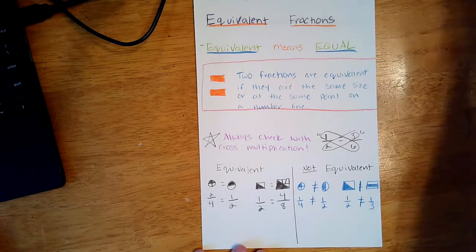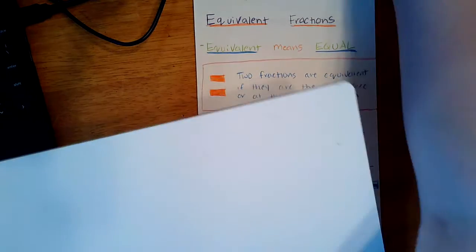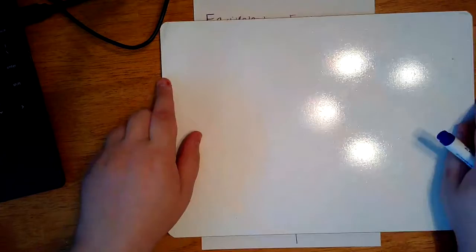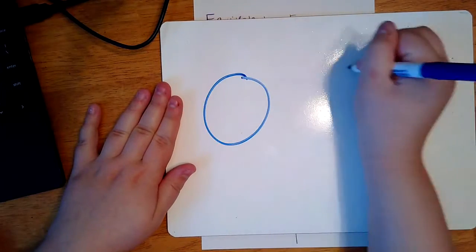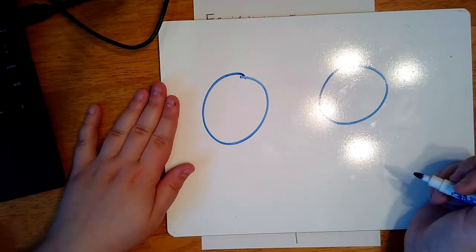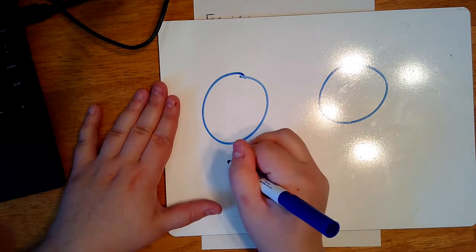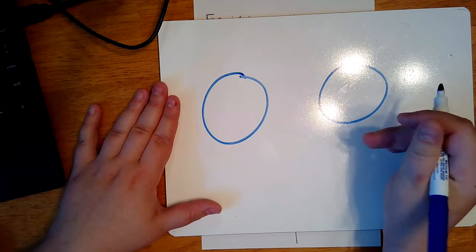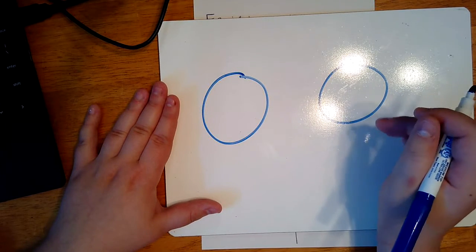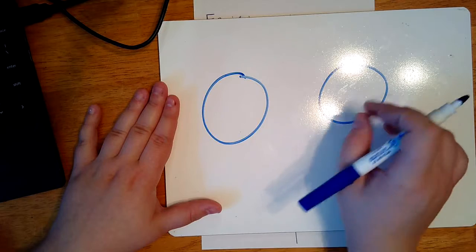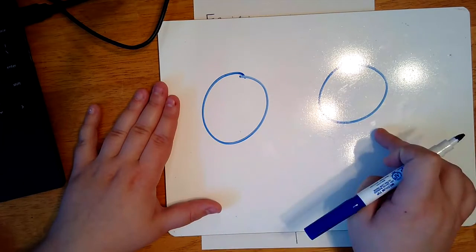Okay, so for example, I have two circles, they're going to represent our fractions. What's important to know is that when comparing fractions, they always have to be the same size, right?